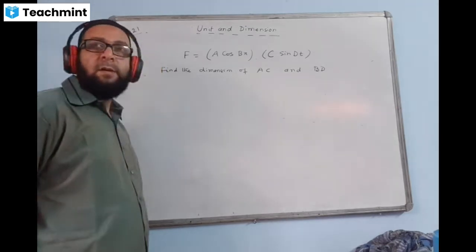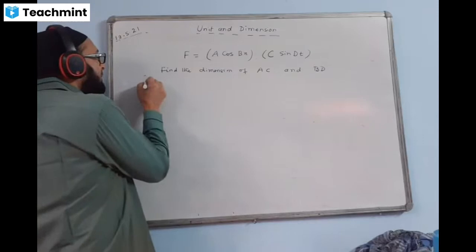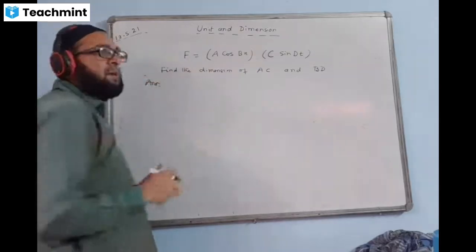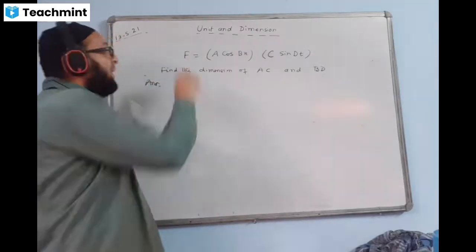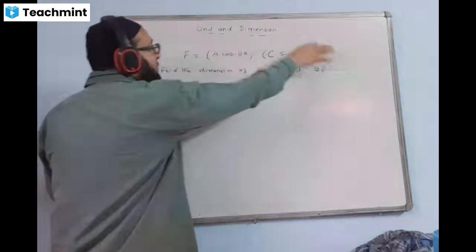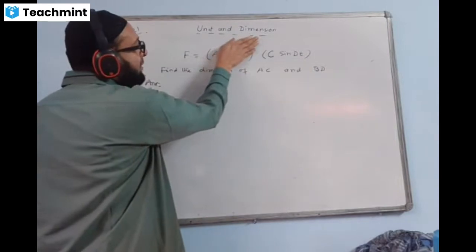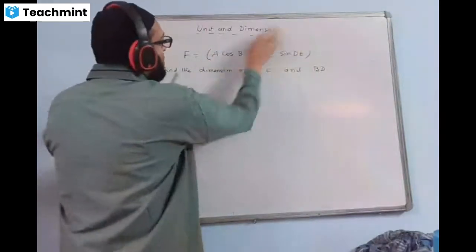Can you do it? There is no plus or minus sign coming, so we will do it directly. F is force, so this entire thing behaves as a force. Cos has no dimension, so the dimension of this is 1, and the dimension of this is also 1. What is left over here?